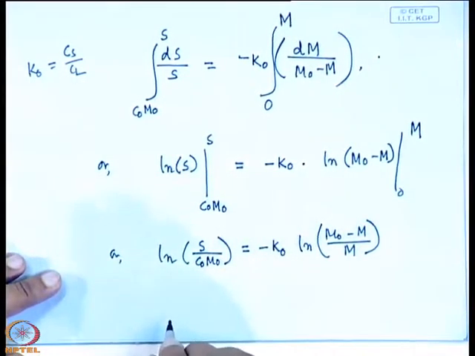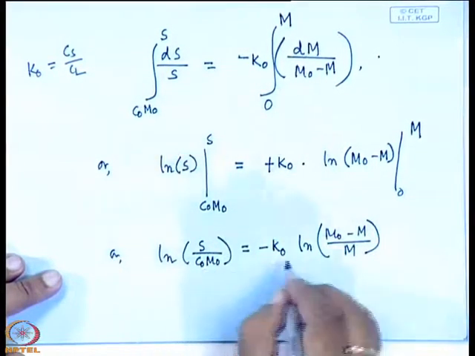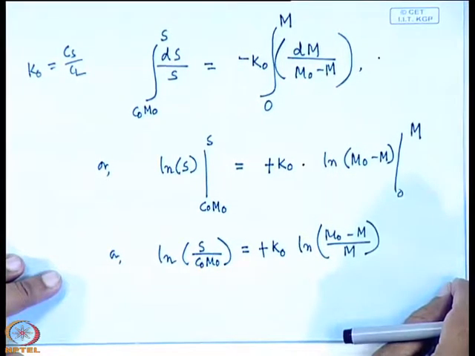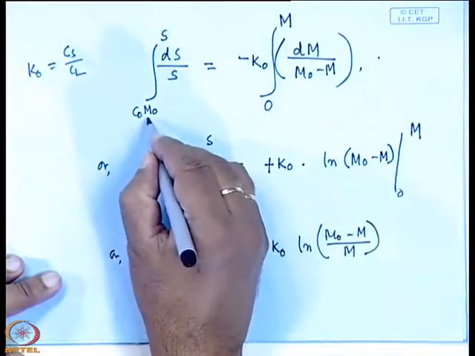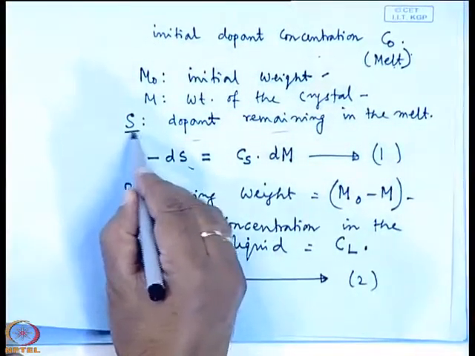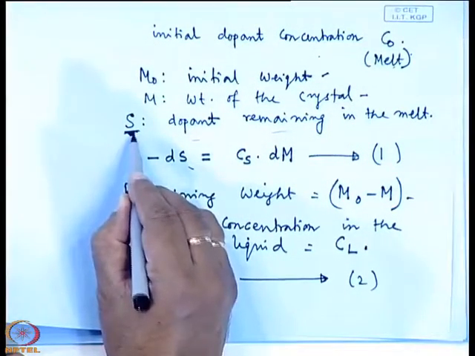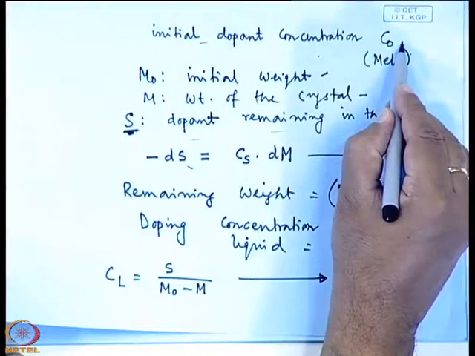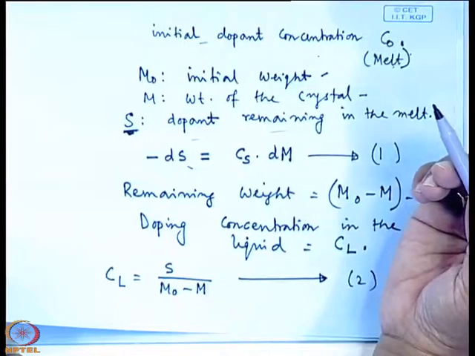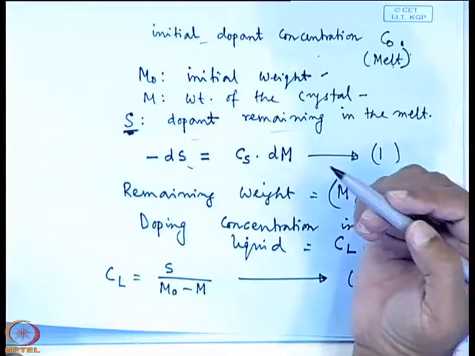Is it okay? Which one? This one. Okay. How do the limits of dS upon S come? C0 m0 to S. C0 m0 is the initial doping concentration, and S is the dopant remaining in the melt, as we have assumed, and the initial doping concentration was C0. So C0 by weight, that means for 1 gram of the crystal, C0 is the doping concentration.